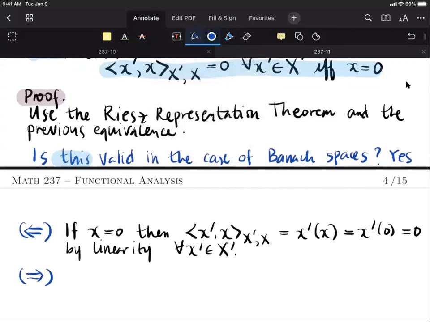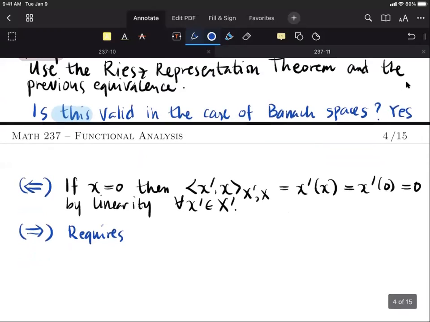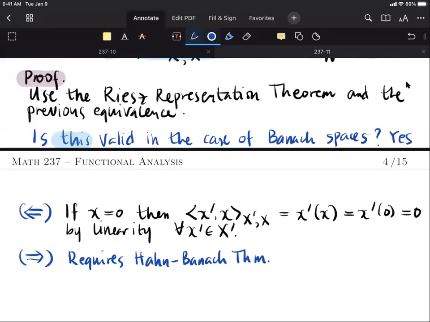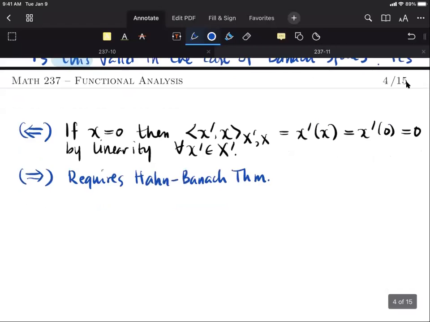This one is the more difficult part, so it requires more work to prove this, namely the Hahn-Banach theorem. And we will specialize in the case of real normed spaces as well.